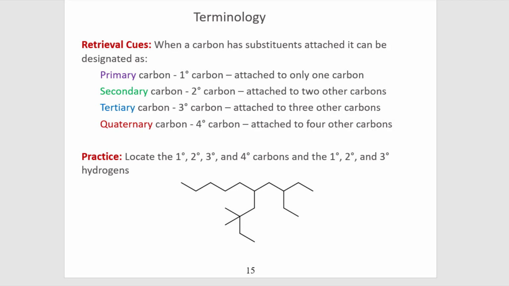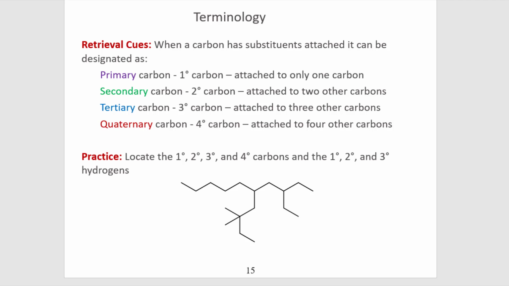Is that a donating group or an electron withdrawing group? What you'll remember is that methyls, ethyls, butyls, just hydrocarbons in general, due to their small dipole, but due to the fact that they're these tetrahedral balls of electron cloud density, they act as donating groups, and they're tetrahedral. They're kind of bulky.